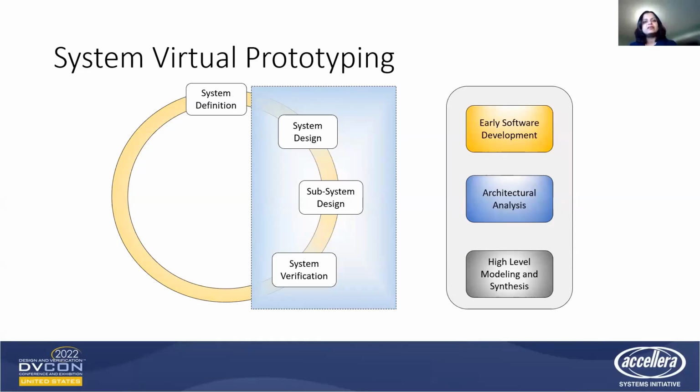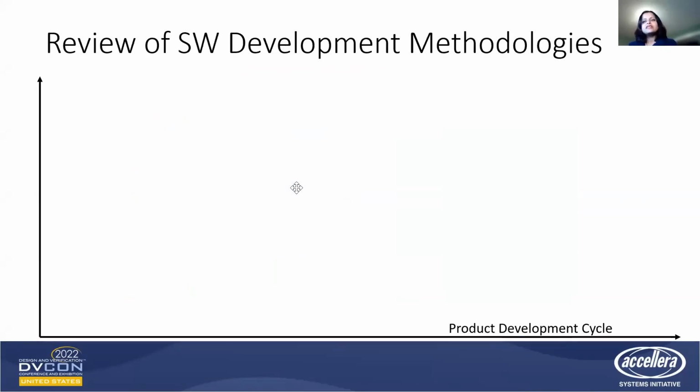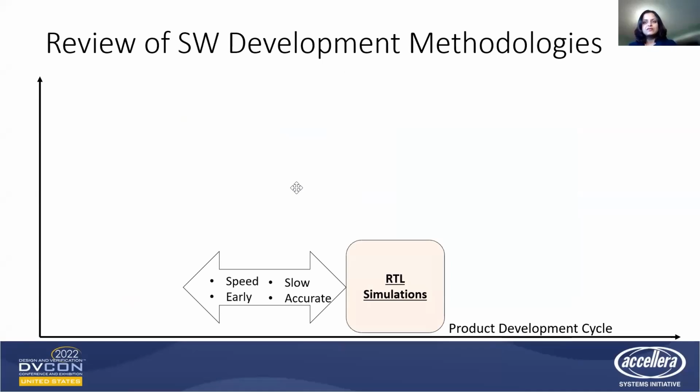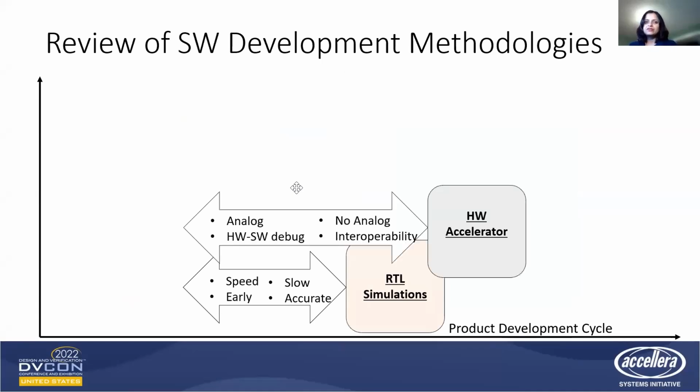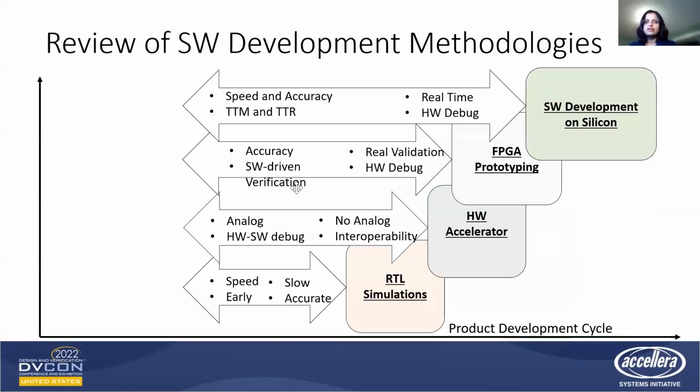The software development cycle then begins in unison with the rest of the design cycle, which would be physical system verification, system manufacturing, commissioning of the system, and eventually system maintenance. To understand this better, let's review the common software development methodologies, namely RTL simulations, hardware acceleration or emulation, FPGA prototyping, and finally, software development on silicon.